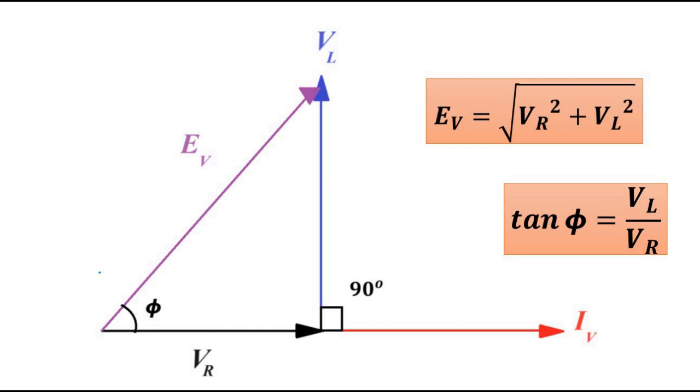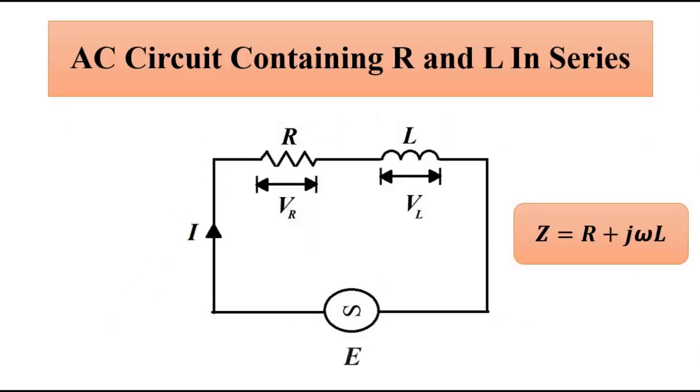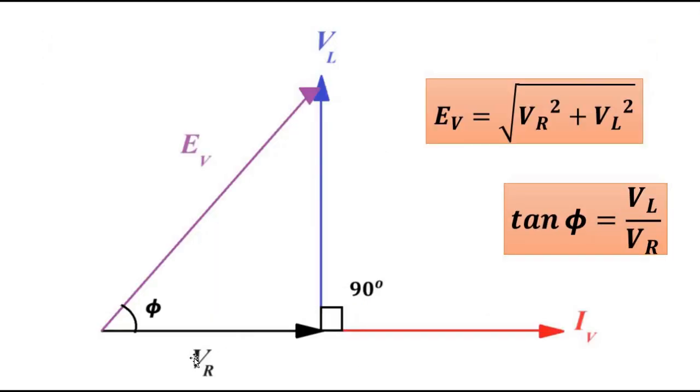So this is the phasor representation, where we have taken the circuit current, the virtual value, as the reference phasor. The inductor voltage, which is equal in magnitude and opposite in phase to the applied EMF, is leading the current by 90 degree. The voltage drop across the resistor is in phase with the circuit current.